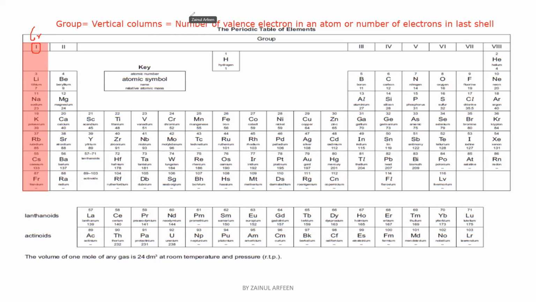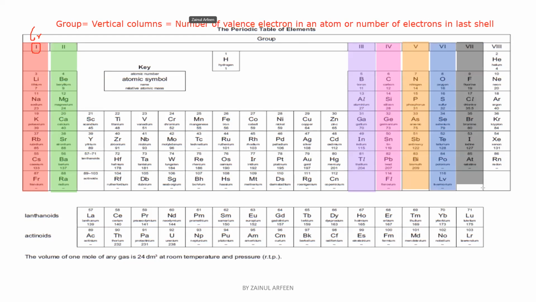Then we have group 2, group 3, group 4, then group 5, group 6, group 7, and group 8.